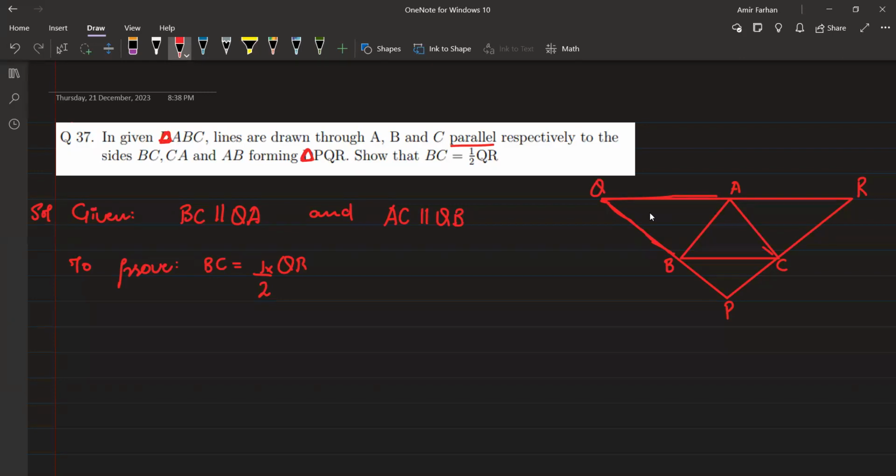Aris, Zad and Yatika, how many of you remember this thing? If the opposite pairs of a quadrilateral are parallel, it means that it's a parallelogram. Yes, sir. Okay.